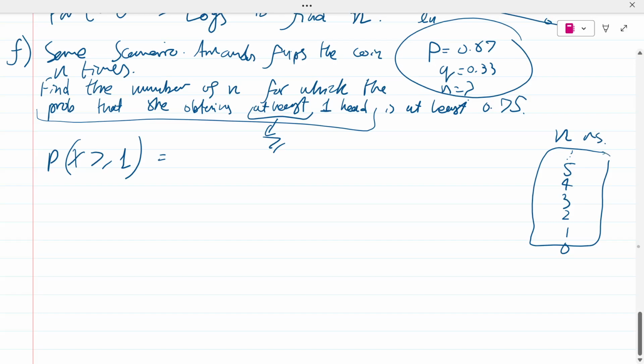We don't know if it goes till 20 or it can be anywhere above that, right? We don't know where it goes. So we cannot find this box, but we do know that the total is going to be 1. Regardless of the number of n, we know that the total probability is still 1, right? So we do need this, but instead of finding this, what can we do? We can write it this way: 1 minus P(X = 0).